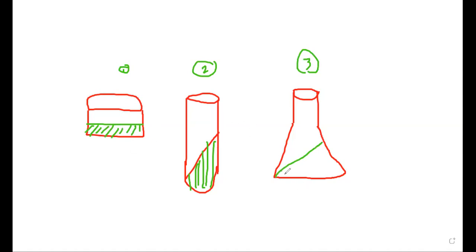Here the nutritive medium, that nutritive medium containing all the nutrition for the growth of the microorganism or plant or whatever it may be. So what is this? These are all called nutritive medium.